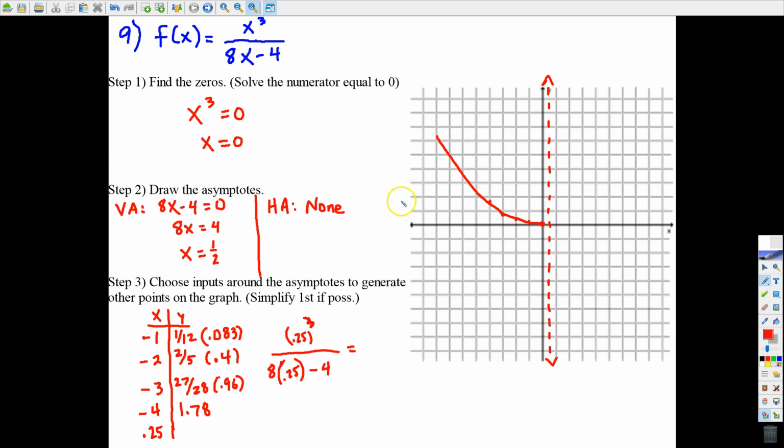Okay, calculator time. 0.25 raised to the third is 0.0156. And we're going to be dividing by 8 times 0.25 minus 4.